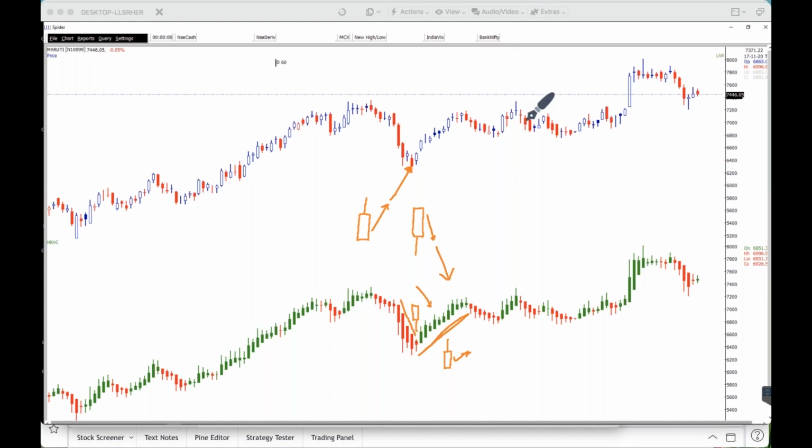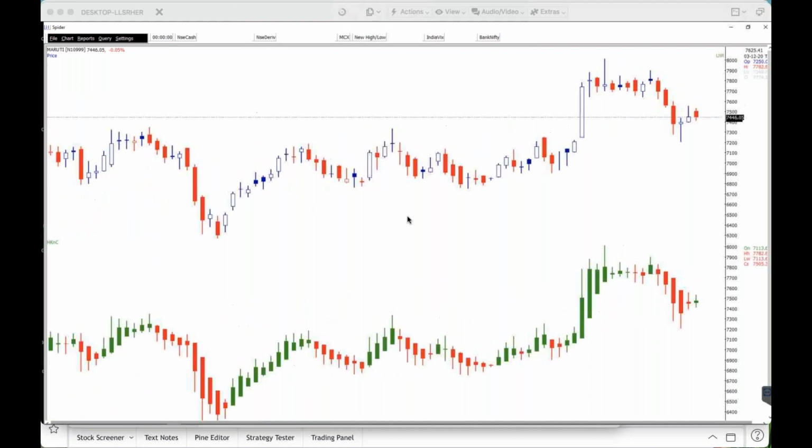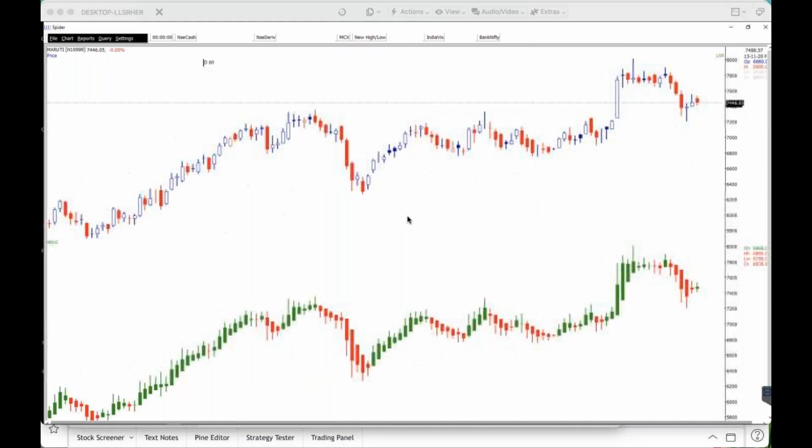So we get an understanding of a bullish market and a bearish market. Of course, there are dojis. Even in Heiken Ashi charts, you will find dojis like we have here.